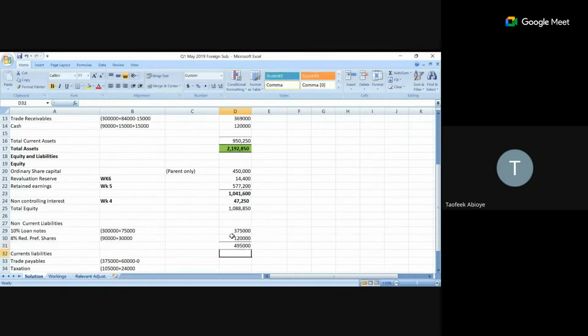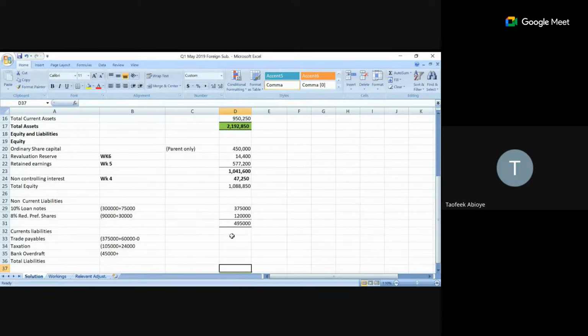Now it will remain trade payables. Overdrafts, I know overdrafts: 45,000. Now taxation, yes, I know taxation: 129,000. 5 plus 24, 29,000. So 375 plus 60, 435,000.